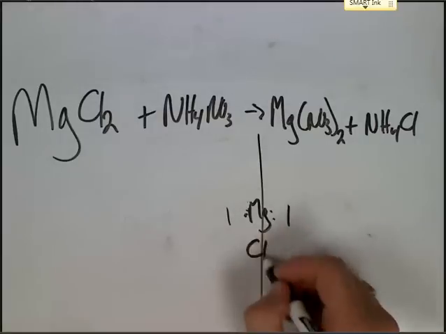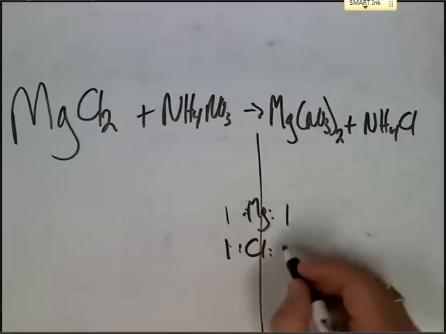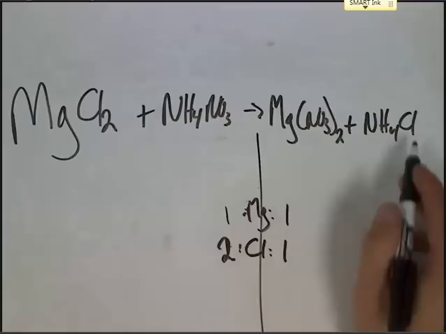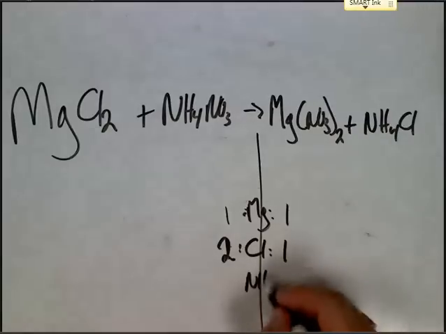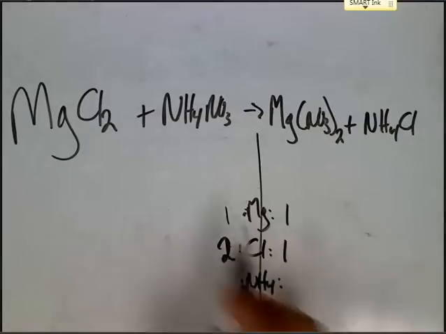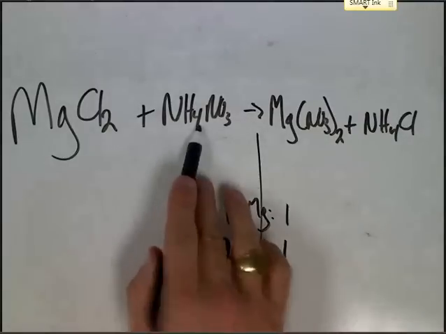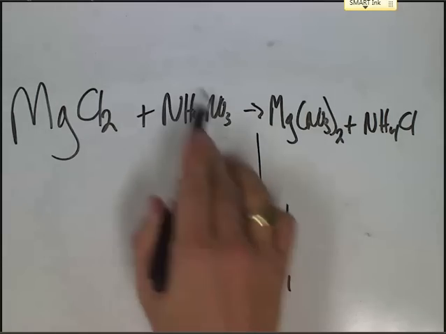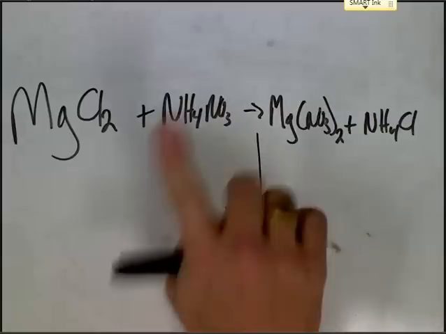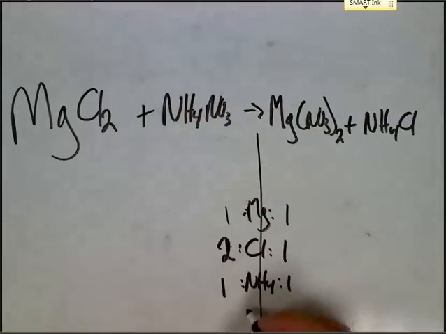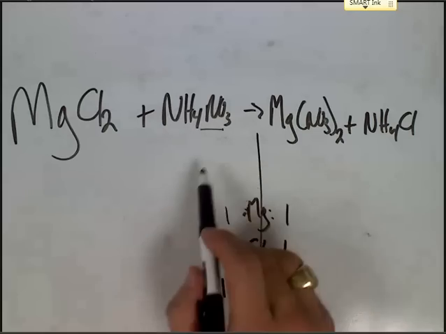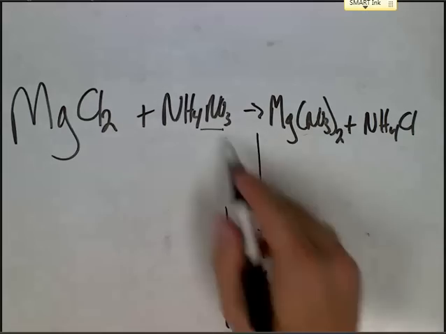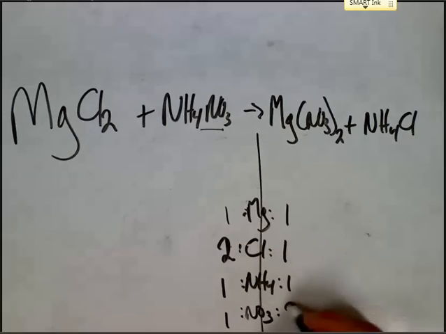Chlorine, we've got 1 of them here, 2 of them here, and 1 of them here. NH4, check. Does it appear on both sides? We see it here. We see it here. Okay, 1 and 1. And again, no parentheses, so there's only one of that type of ion, excuse me. Nitrate is here and here. One of these, and we actually have 2 nitrates there.